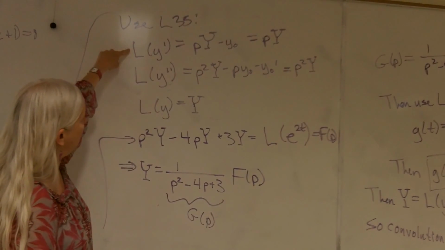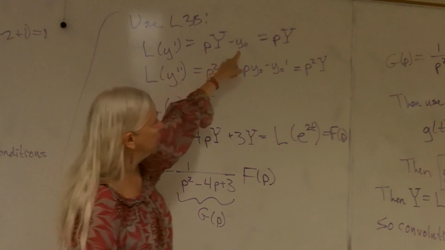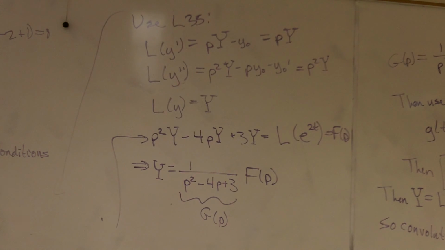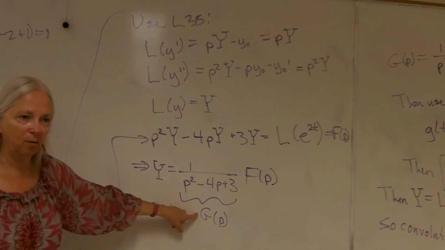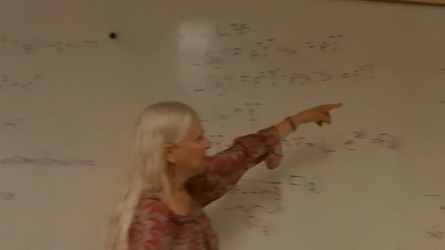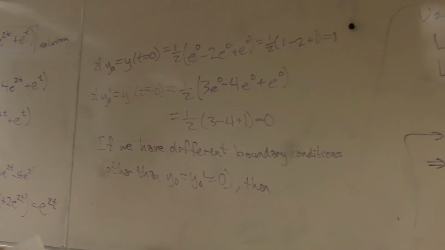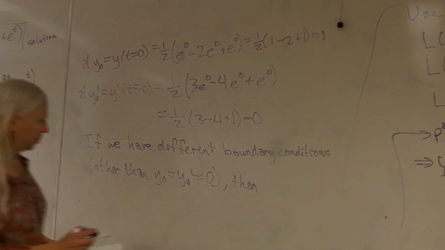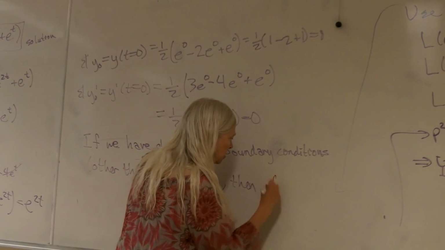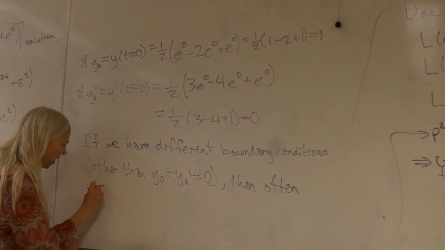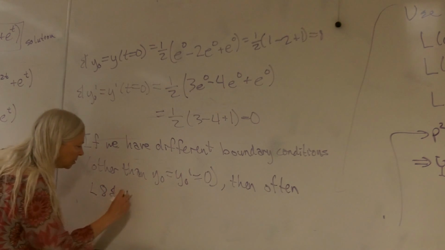When I plug in from L35 here, I'm going to have some additional terms that I didn't have in the example I did. And so that's going to change the form of your G of P. It's not going to look like this anymore. And so L7 and L6 will not be the useful ones in those cases. Often L8 and L18 will be useful.